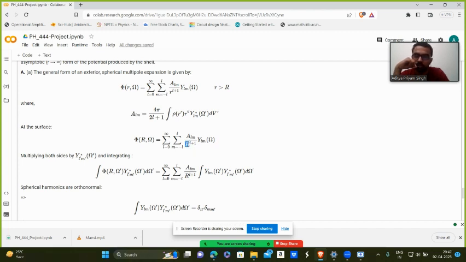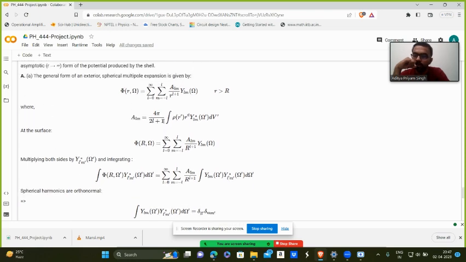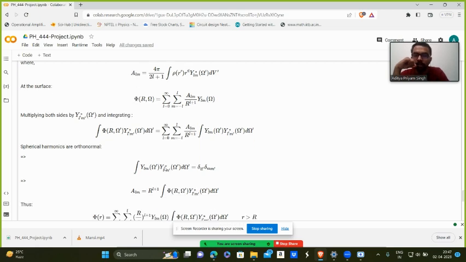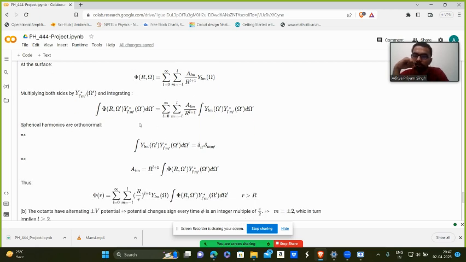The only thing that changes here is the denominator, which will be fixed as capital R, the radius of the sphere. Now we'll multiply both sides by Y star of L dash M dash omega dash, and then integrate over the solid angle omega dash. This gives us this equation, and we know that the spherical harmonics are orthonormal.